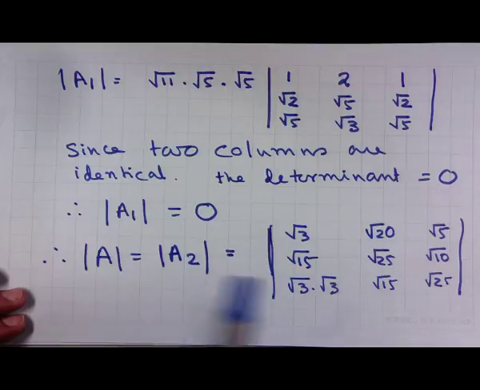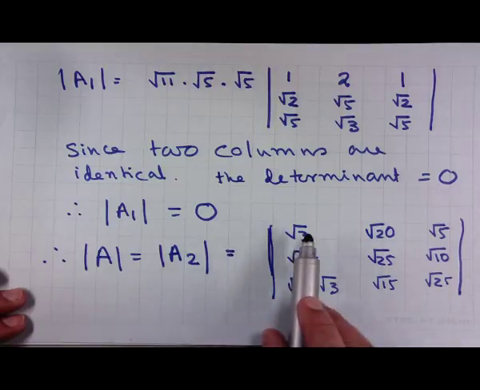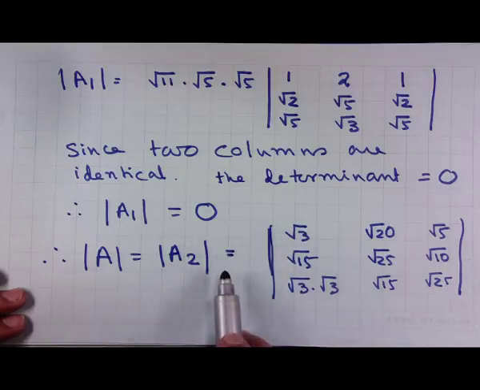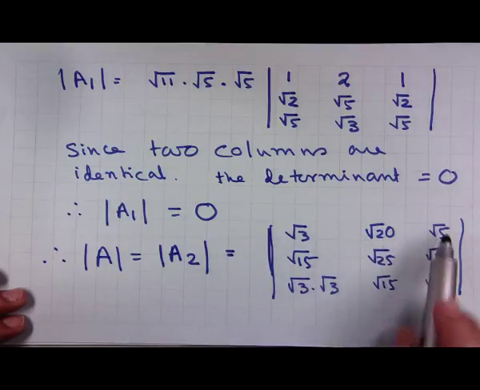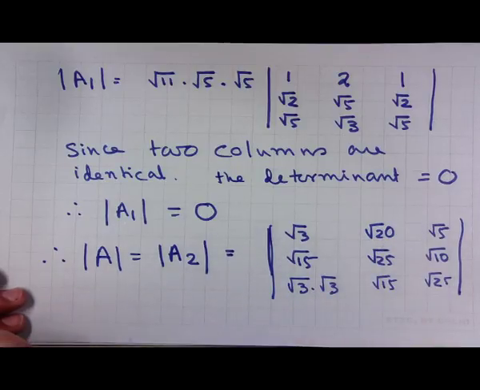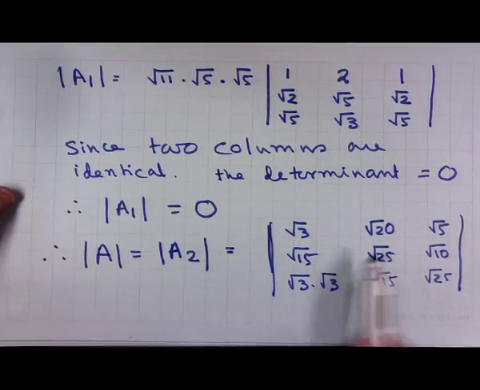Now, looking at this, we can take root 3 common out of the first column, root 5 we can take common from the second column, same for column 3.